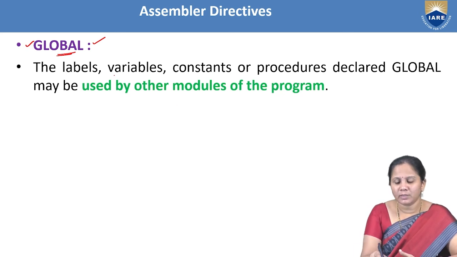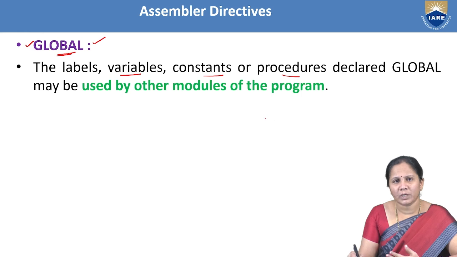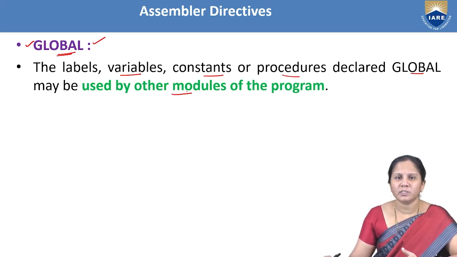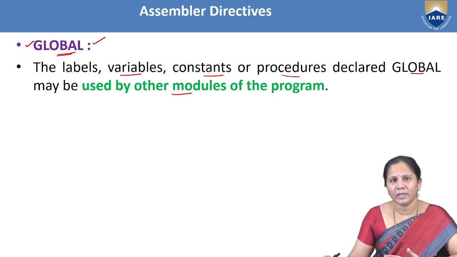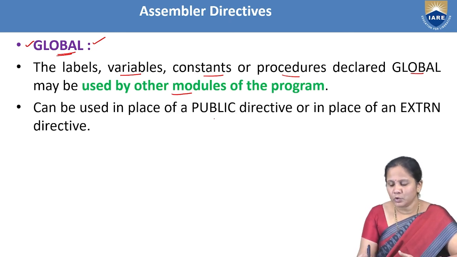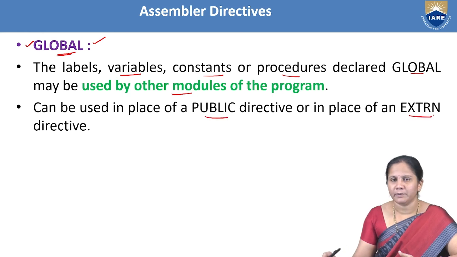So the labels, variables, constants and procedures used in the global assembler directive can be used by other modules of the program. The same variables we have declared globally can be used in public or external.